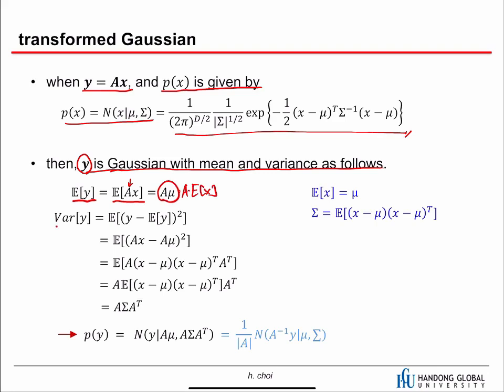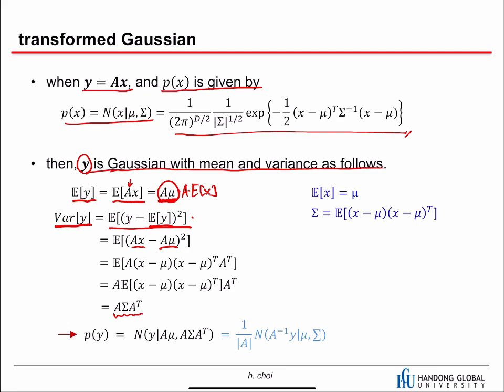And the variance of y is defined by this one, and in this equation we can replace y with Ax. The expectation of y we already know, which is A times mu. So if we derive this equation, then finally we have this term.